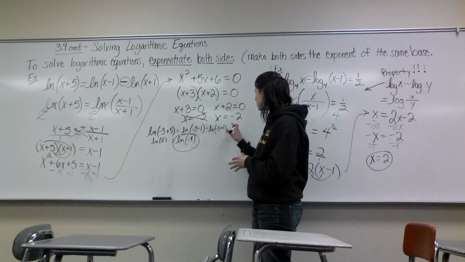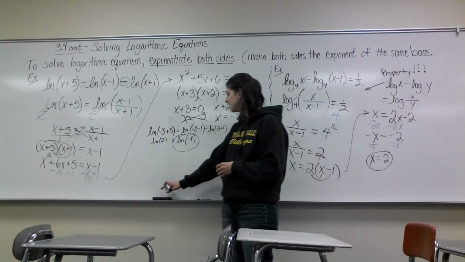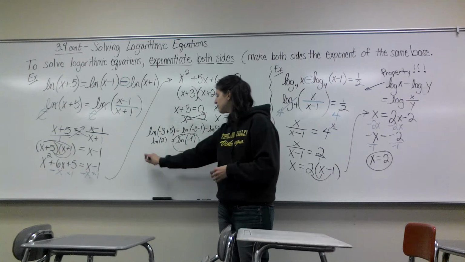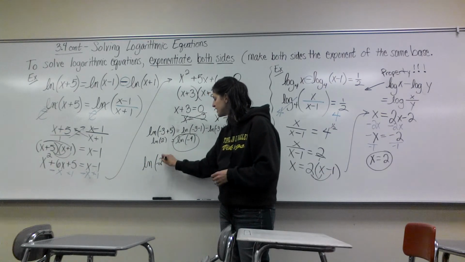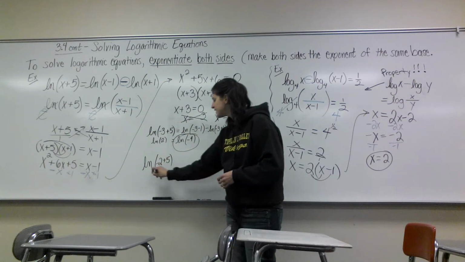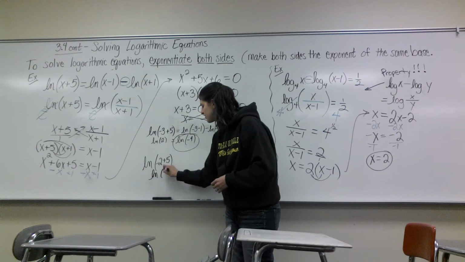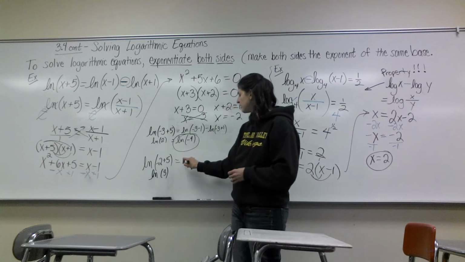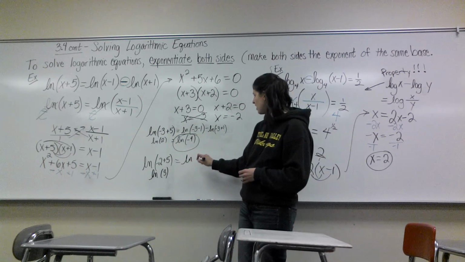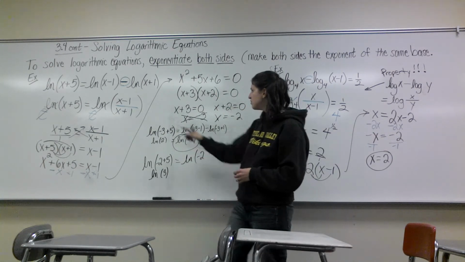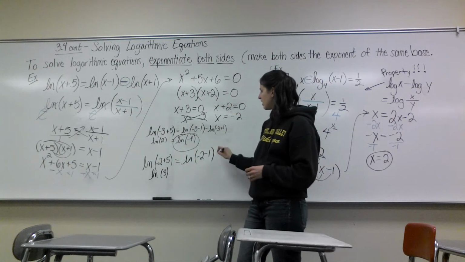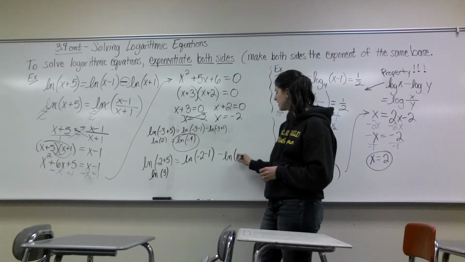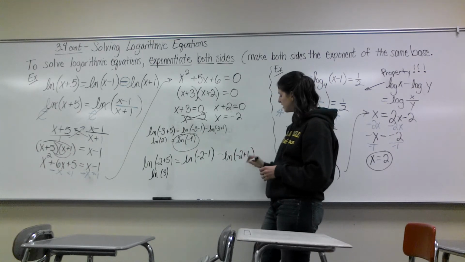Now, what if I plug in negative 2 instead? Okay, so that would give me natural log of negative 2 plus 5. Well, that's natural log of 3. So far, so good. Equals natural log of negative 2 minus 1 minus natural log of negative 2 plus 1.